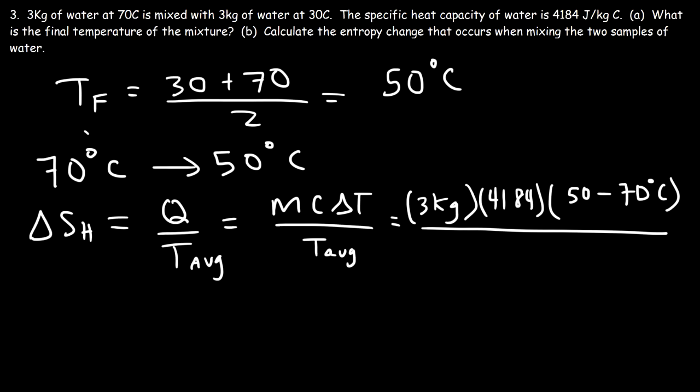So if we average 70 and 50, 70 plus 50 is 120, 120 divided by 2 is 60, and then we need to convert that to Kelvin. So the average temperature is 60 degrees Celsius, and if we add 273 to that, that's going to be 333 Kelvin.